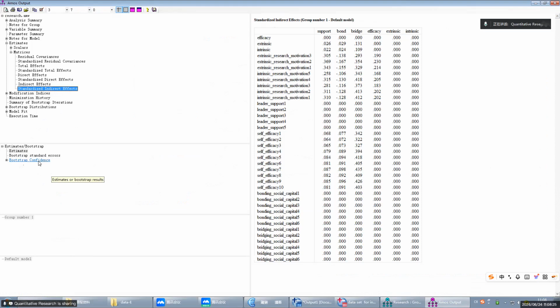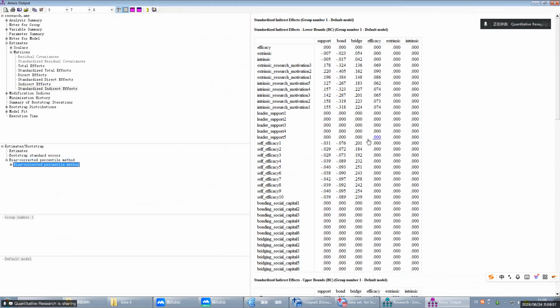Just now I mentioned, what is the key for evaluating mediation? 95% confidence intervals, right? You can see here, this is confidence. Confidence intervals, this means it is a range, right?